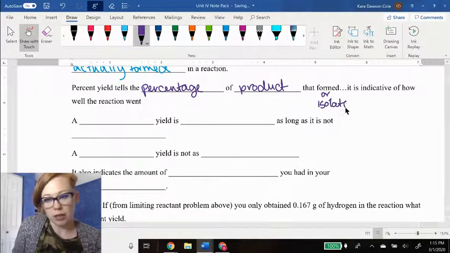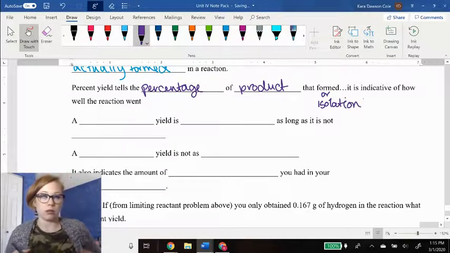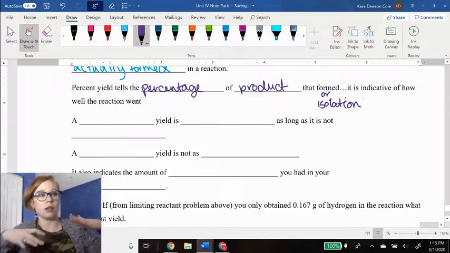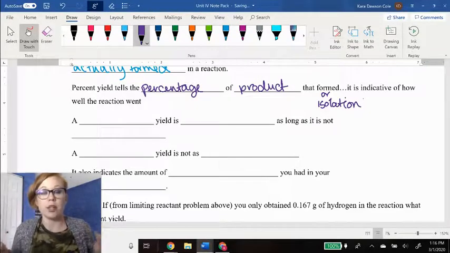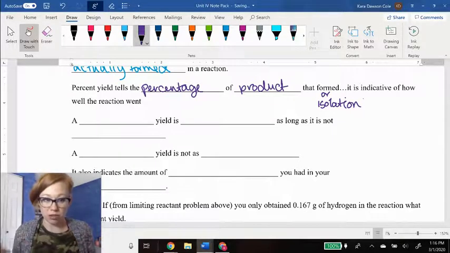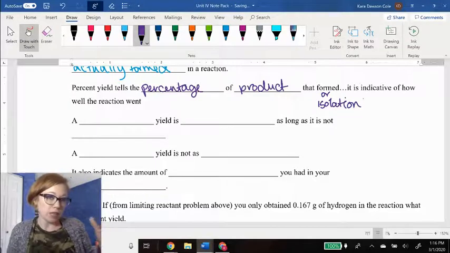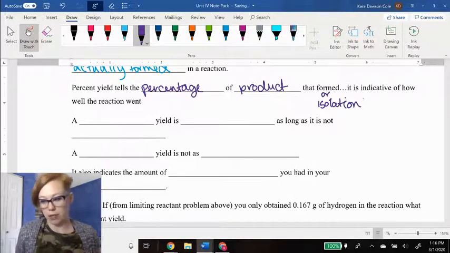Because sometimes in the isolation process, we lose some of our product. So when we go to separate the mixture, sometimes we lose some of our product. Because at the end of a reaction, what we have is a mixture, right? We have a mixture of all of this stuff in there, and we've got to take that stuff and kind of clean it out and isolate what product we want and that type of thing.